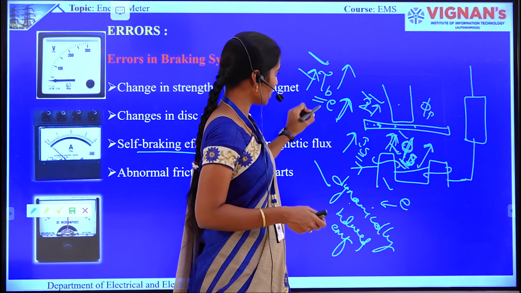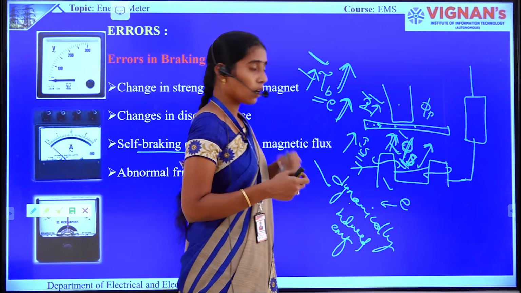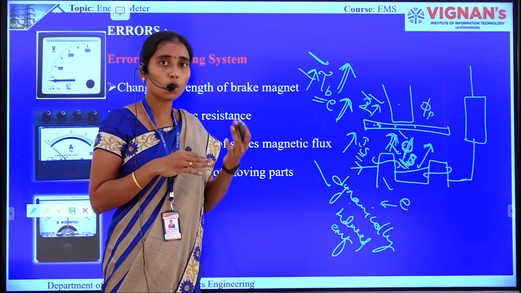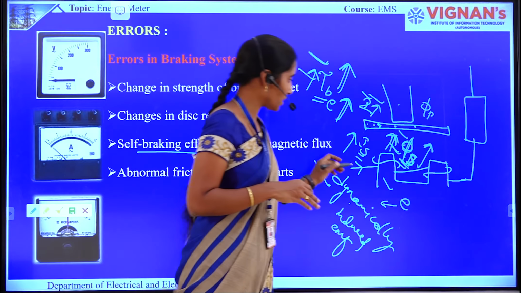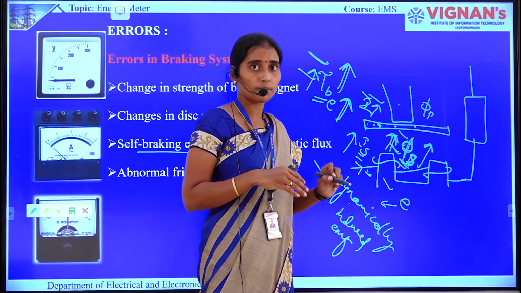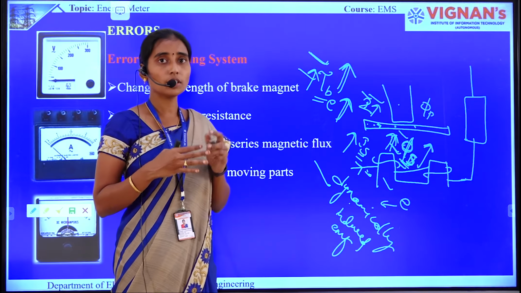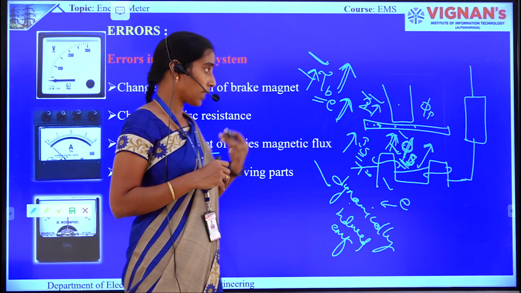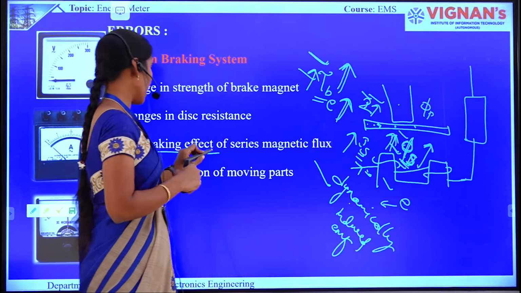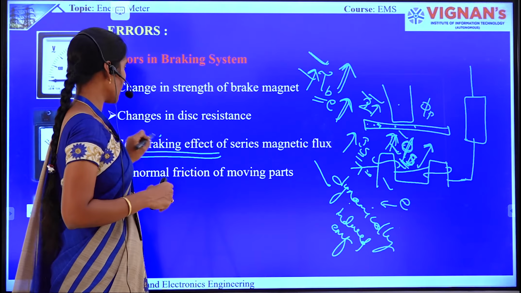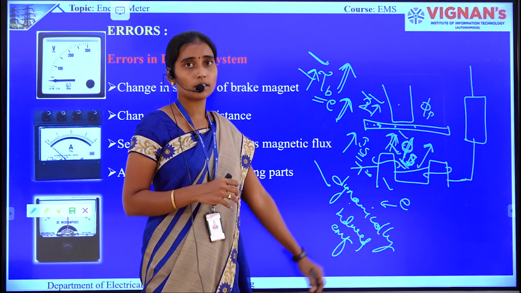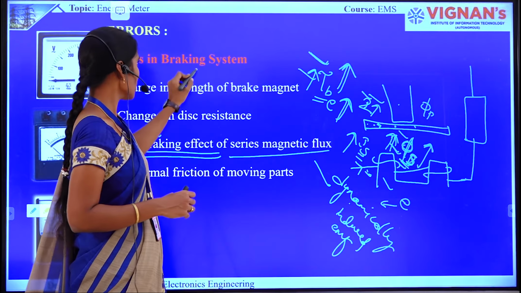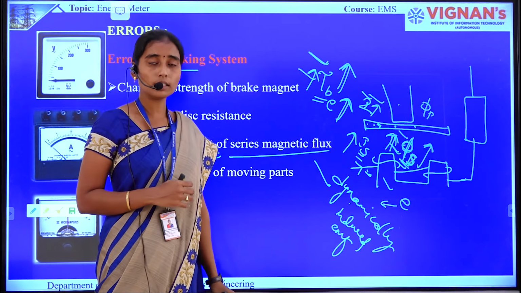Because of this high braking torque, your aluminum disc will show a value less than the actual value under overload conditions. So that is because of your self-braking effect. This self-braking effect is nothing but this mechanism. So because of the self-braking effect of the series magnetic flux, there is an error in the braking system.